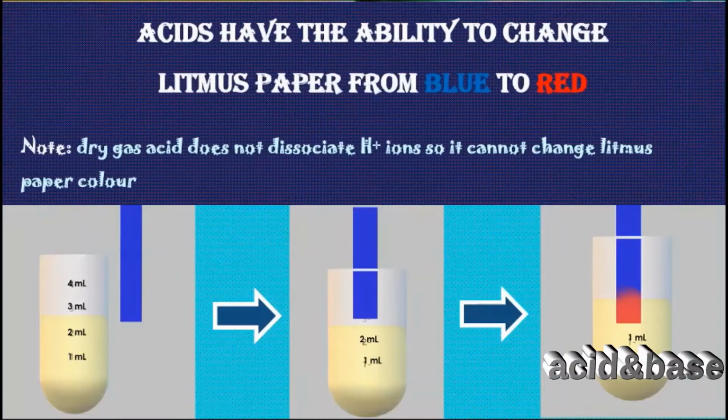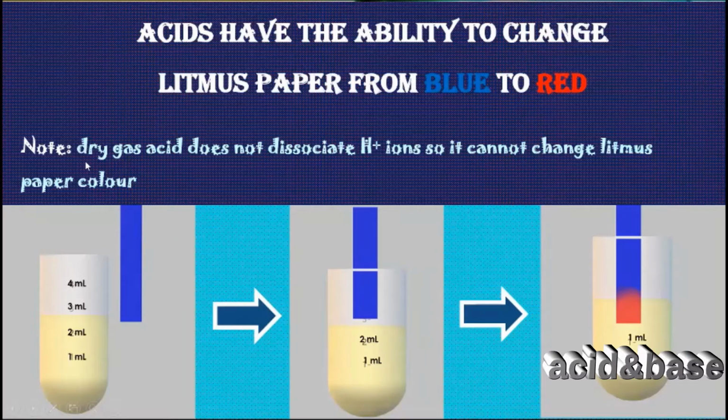Acids have the ability to change litmus paper from blue to red. As an example, here we have an acidic solution, and when we dip the blue litmus paper inside the acidic solution, the blue litmus paper changes its color from blue to red.